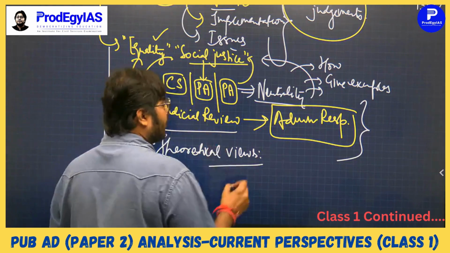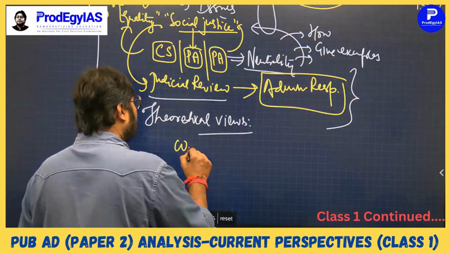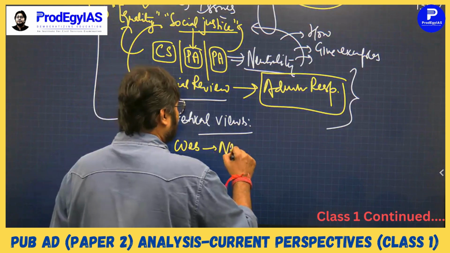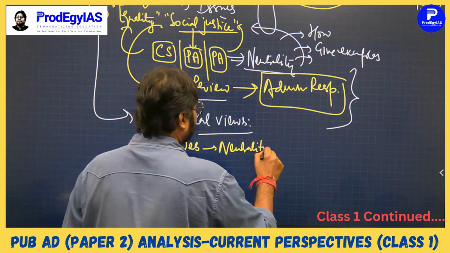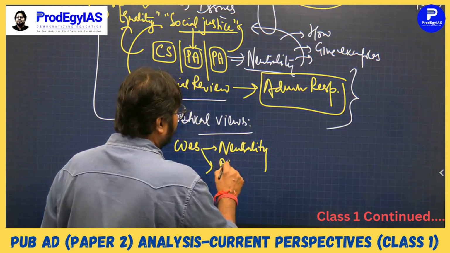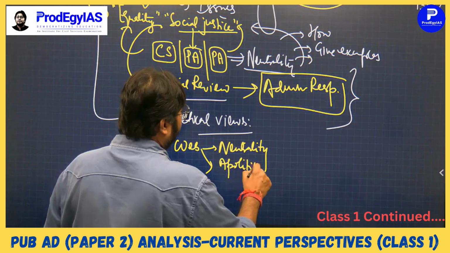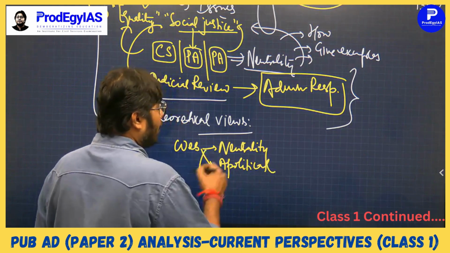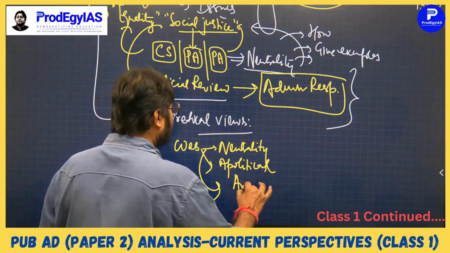Right? For example, Weberian concept of neutrality. Right? Or Weberian concept of apolitical orientation. Right? Or Weberian concept of anonymity.